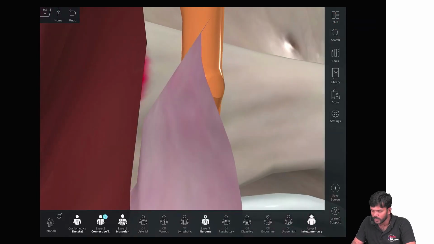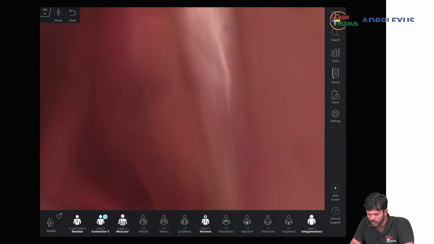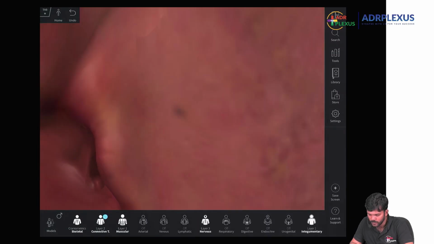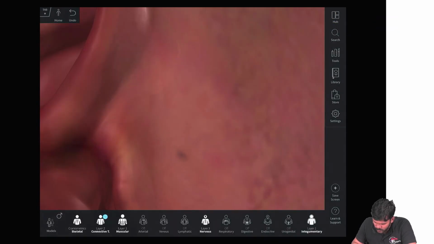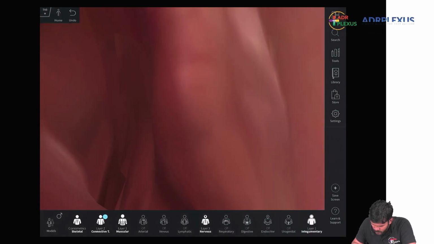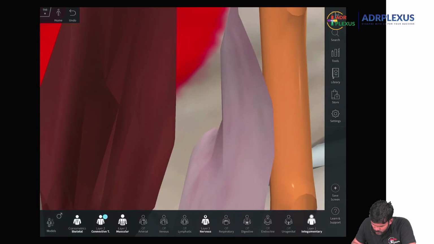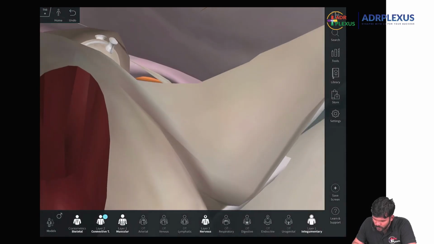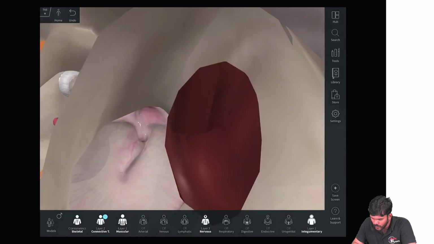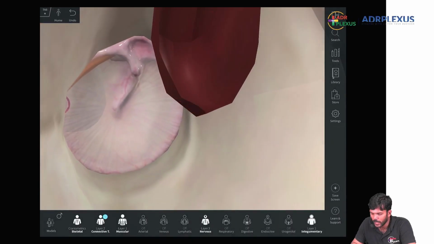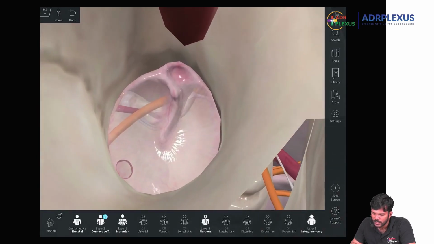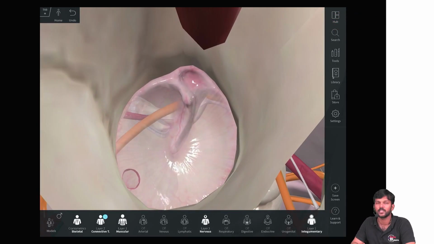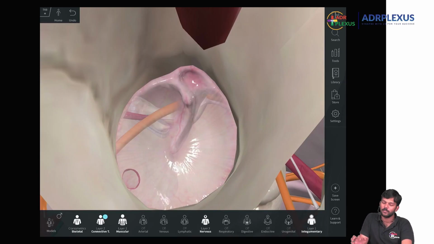When we slowly bypass the external auditory canal, we will see the tympanic membrane, which is not a straight tube, it is a curved tube. That's why we are not having the view of the tympanic membrane right away. This is the tympanic membrane. Once we cross the pinna, we'll cross the external auditory canal, we'll see the tympanic membrane.